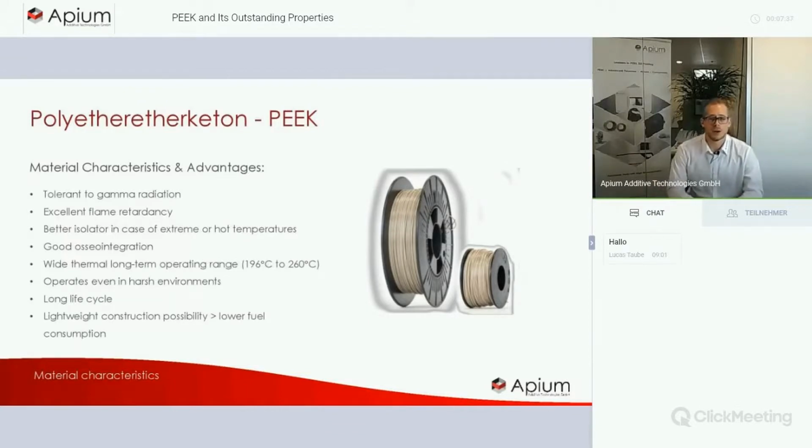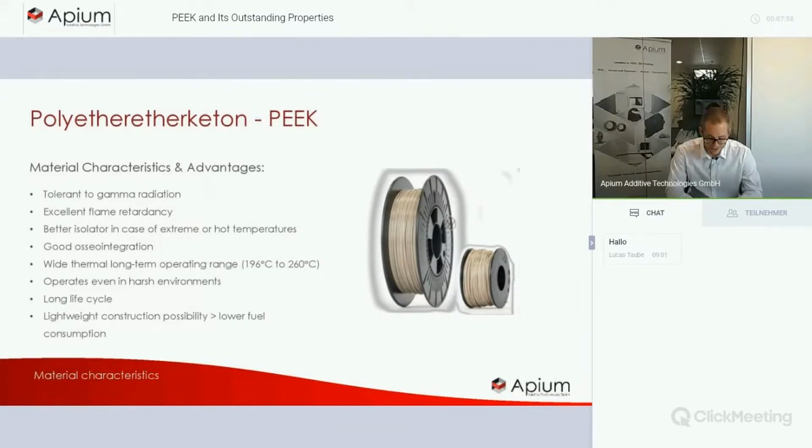What makes PEEK also very interesting and good to use is it's tolerant against gamma radiation. This is something we have to consider when it comes to sterilization processes, for example. So there's the opportunity to sterilize PEEK by gamma radiation, and PEEK won't degrade too much.